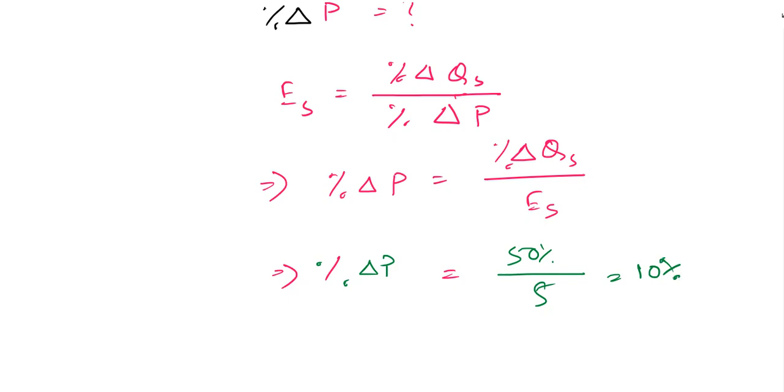So the change in price is 10%. That means to achieve a 50% increase in quantity supplied, the price of computer games must increase by 10%. That's all about that.